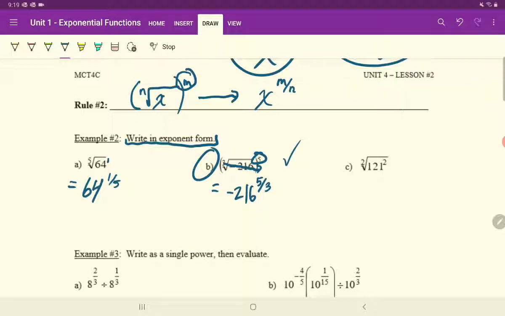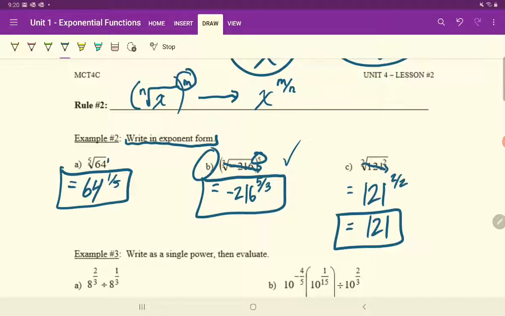And now this one becomes, this 2 shoots down into the denominator. It becomes 121 to the power of 2/2. Now, this is a fraction we can reduce. We don't want to leave it as 2/2. What's 2 divided by 2? 1. So it's really 121 to the power of 1, which is just 121. Okay?